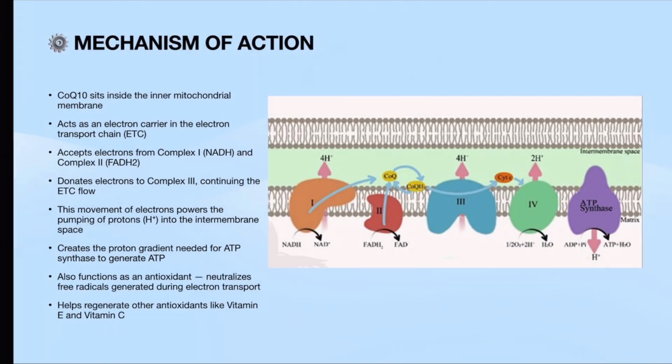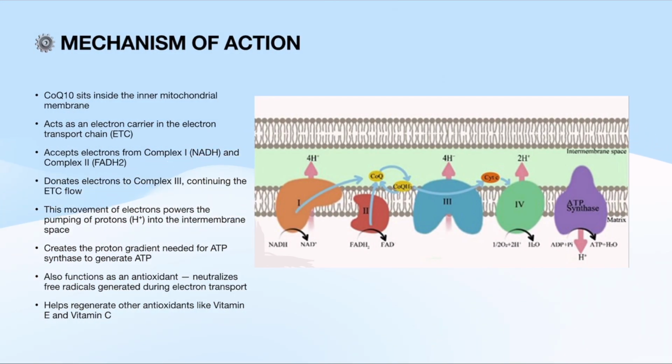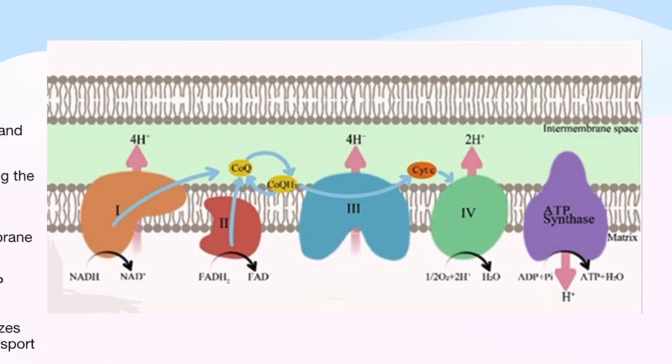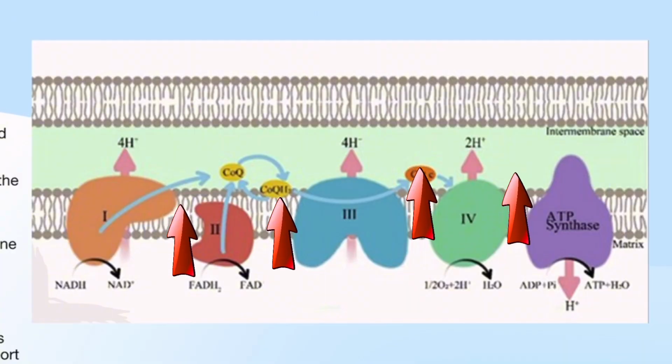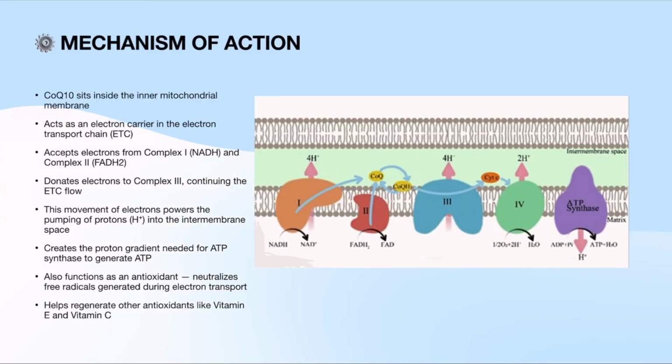Coenzyme Q10 is able to take and donate electrons easily, so it's a mobile electron transporter. It accepts an electron from complex 1 and 2, and it also donates an electron to complex 3. Through this movement of electrons, we can see that there is a driving force of protons from the matrix of the mitochondria into the intermembrane space.